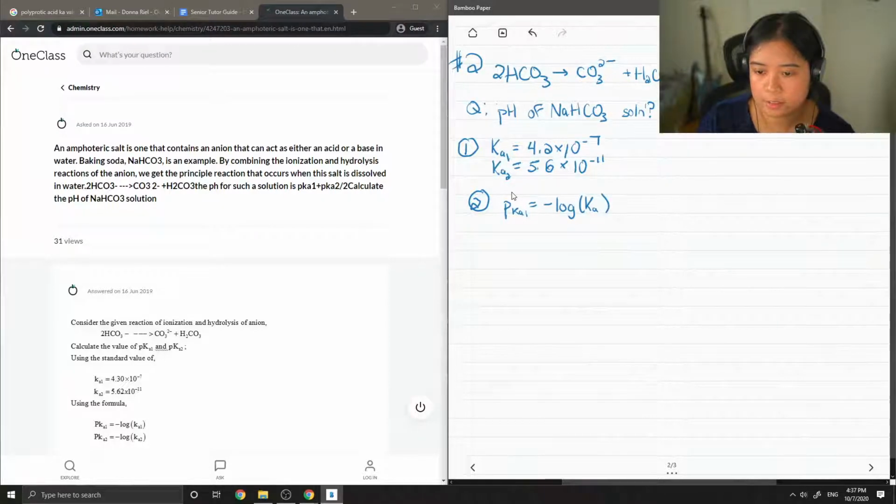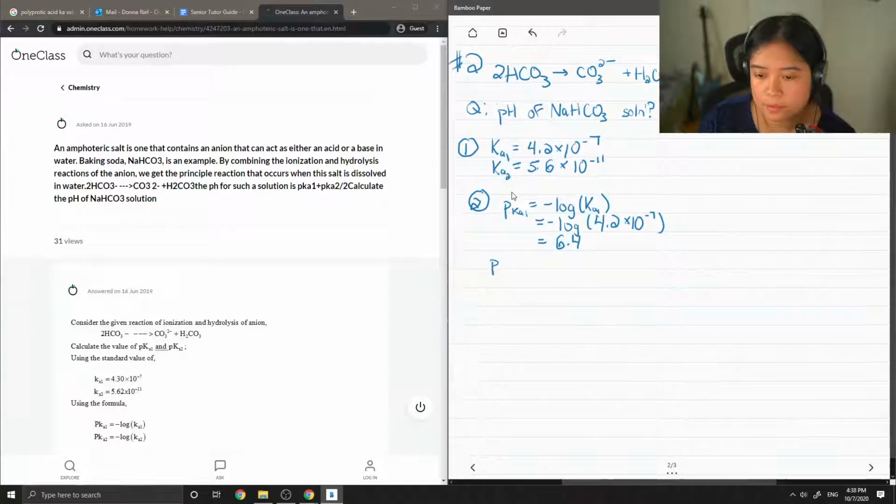So in our case, pKa1 is equal to negative log of 4.2 times 10 to the negative 7, and this is equal to around 6.4.